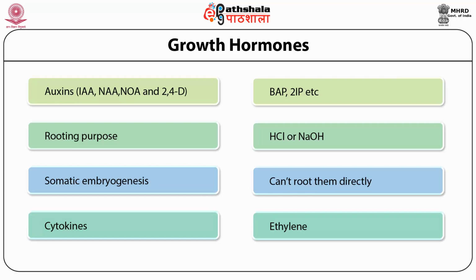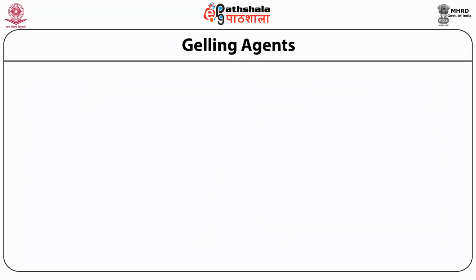But those are very specific, and of course it only tells you that when you are defining a media, it is not only the chemicals which are well established in tissue culture media, but you have to look beyond it. You have to study it. What is it that if hyperhydricity is caused, then what kind of chemicals can play a role and so on. So tissue cultures can be raised in liquid as well as semi-solid.